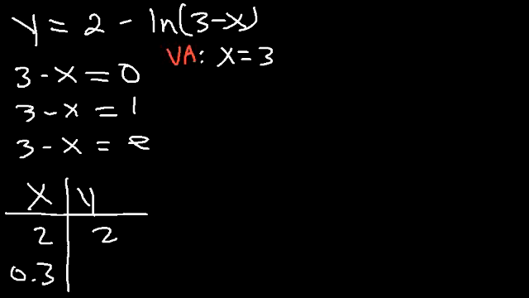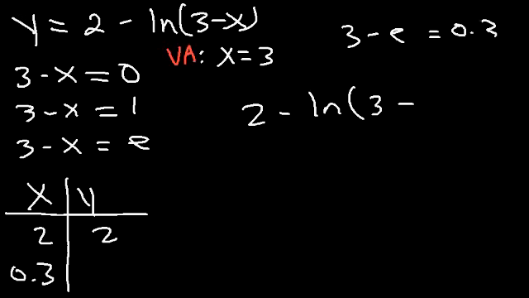Now let's plug in e. So 2 minus, let's plug in 0.3. 2 minus ln(3 minus x), we said x is 3 minus e. 3 minus e was the 0.3. But I'm going to plug it in as 3 minus e. You'll see why.